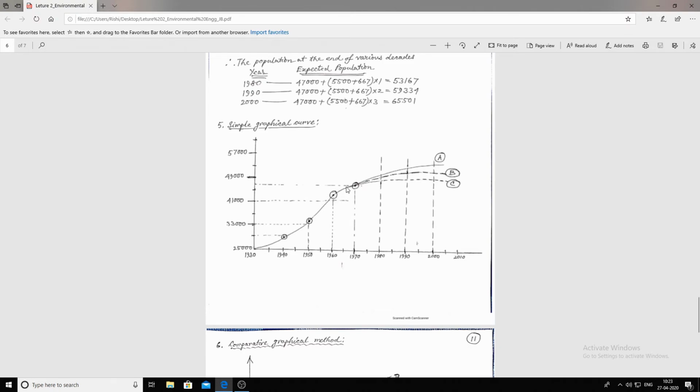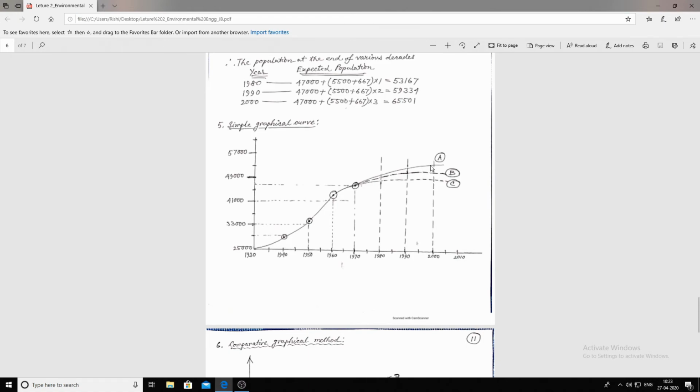The nature of the curve remains the same, so we can extrapolate in this manner also. One can extrapolate following path B, and another person can extrapolate following path C. So, A, B, C, these 3 persons can predict the future population in 3 different ways for 1980, 1990 and 2000.